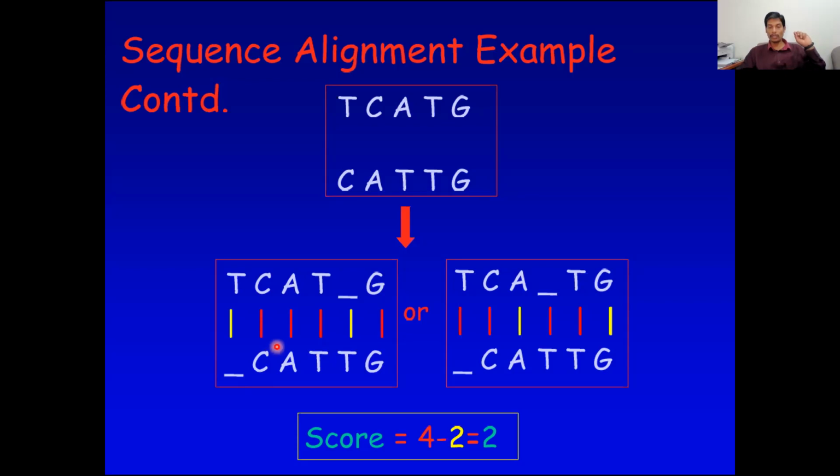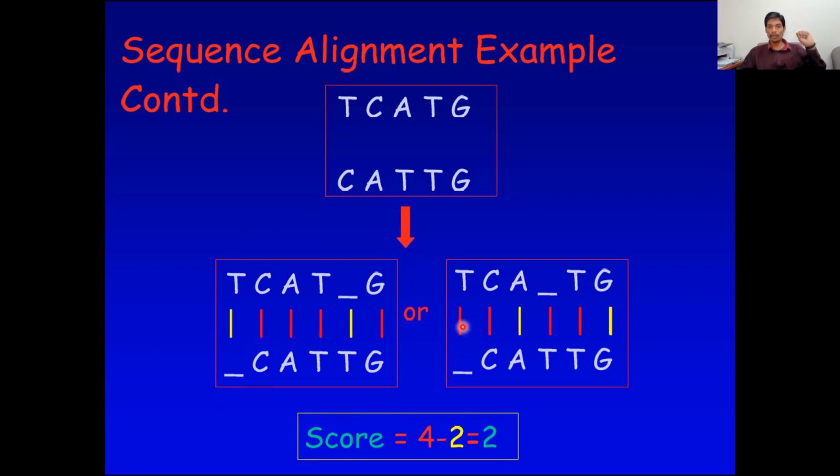If we give a positive score of 1 for the matches, that means one match, second match, third match, and fourth match. That means four identicals are there. So plus 4. And indels here -1, and this is another -1, so -2. So 4 minus 2, the score is 2 here.